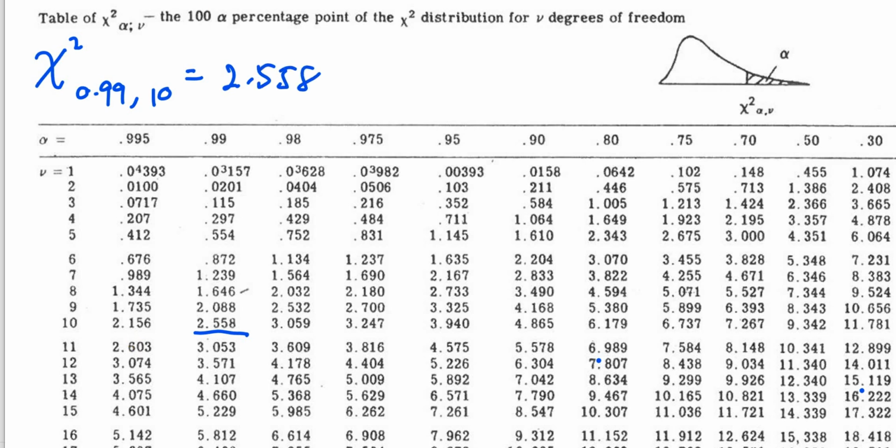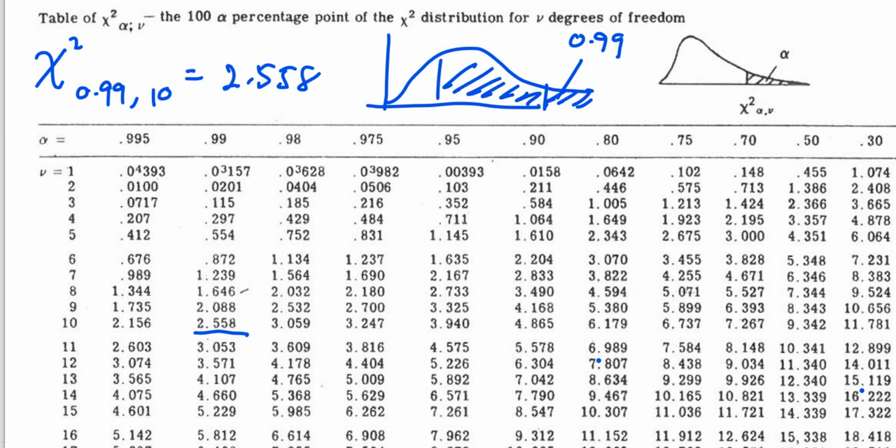If we draw the chi-square distribution, inside is the probability which is equal to 0.99, and the chi-square value here is 2.558, where the degree of freedom is equal to 10. The area is 0.99, which is the probability.